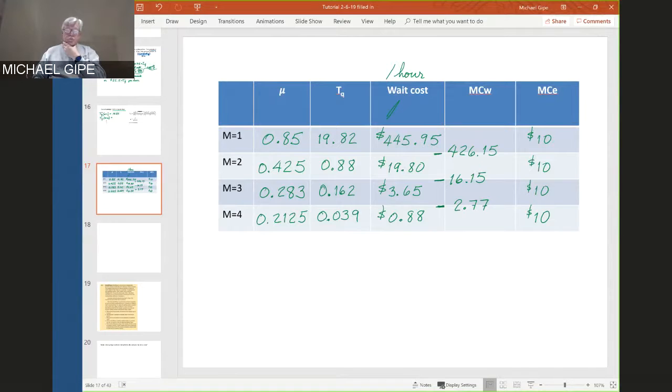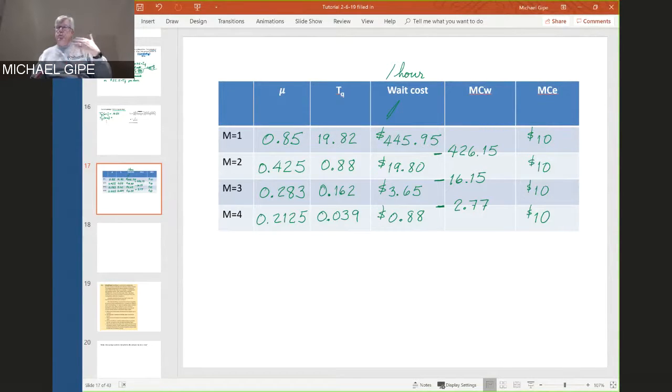So now what's the optimal number? We want to make sure that the marginal cost of adding an employee doesn't exceed the marginal savings of that added employee. So we want to go as close to the marginal cost of the $10 wage rate per hour per employee, but we don't want to go beyond that.